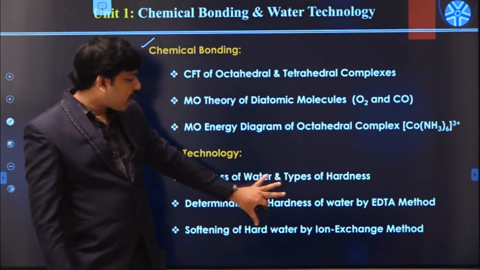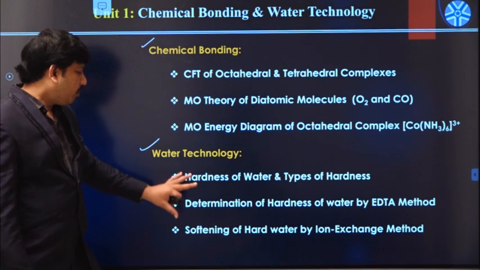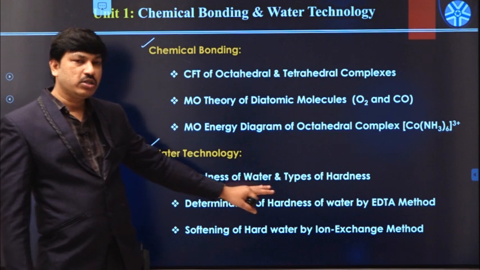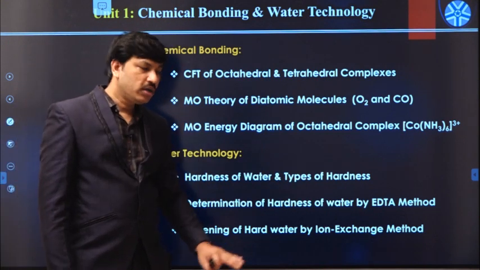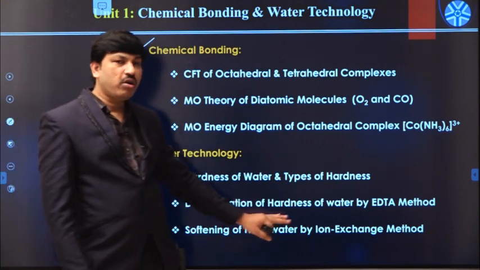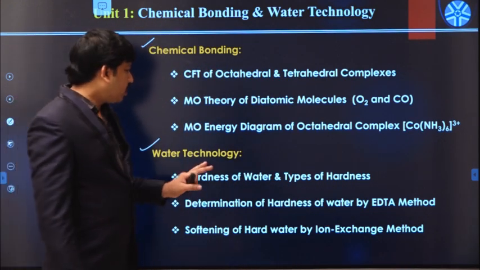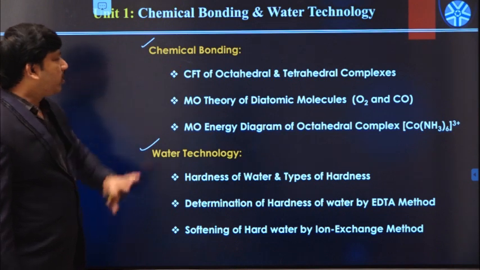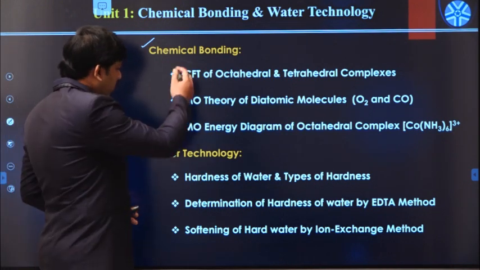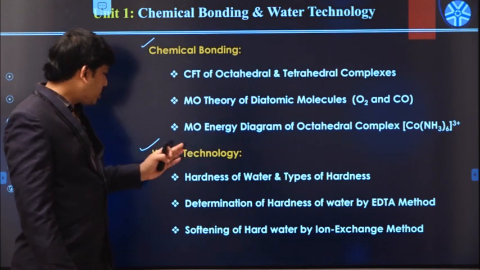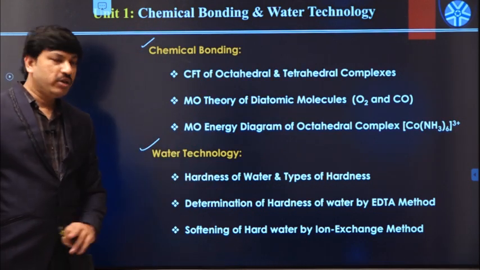I think you have some idea about water technology because we already discussed some topics in the bridge course time, such as what hardness of water is, the types of hardness, and the determination of hardness of water by the titration method. But today I am going to focus on the chemical bonding concept. In chemical bonding we have 3 different topics, and in water technology we also have 3 different topics.